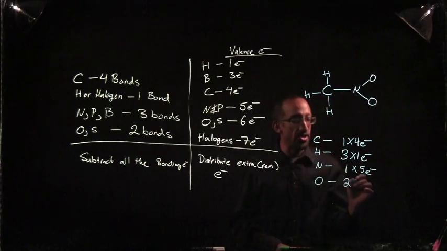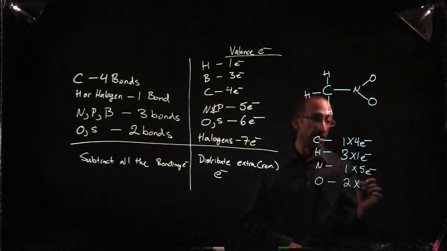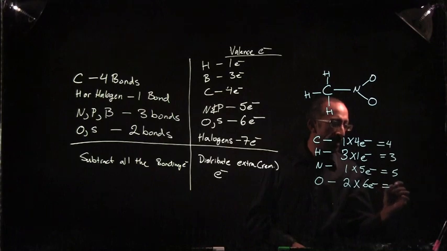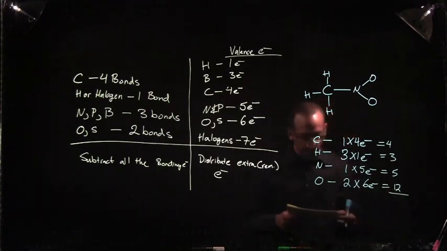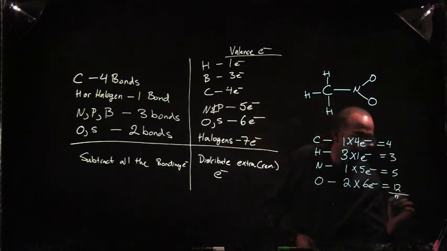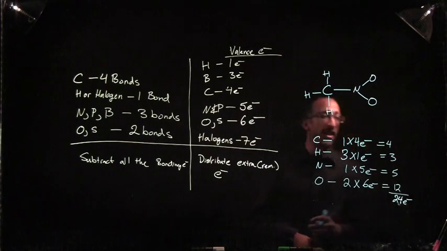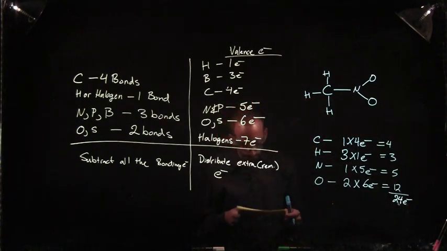So we have 2 oxygen atoms, and each will contribute 6 valence electrons. So 4 plus 3 plus 5 plus 12 comes to a total of 24 valence electrons that we need to account for.